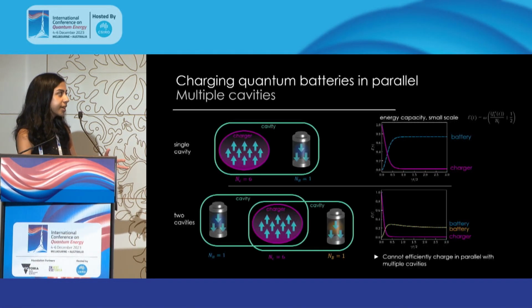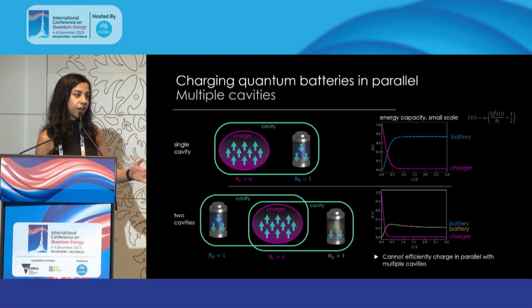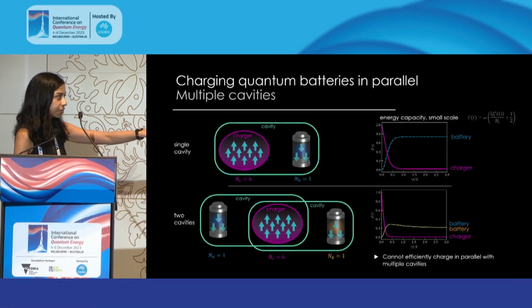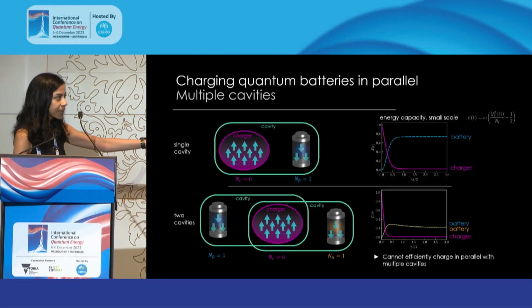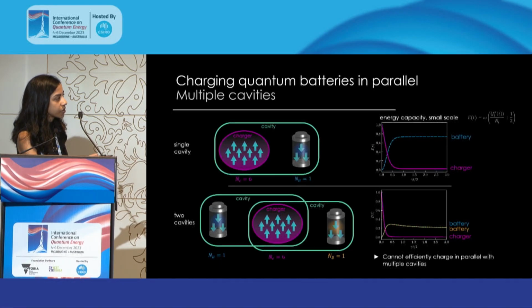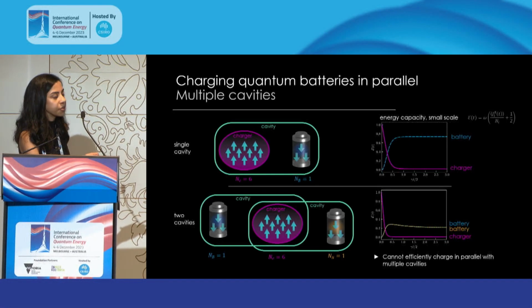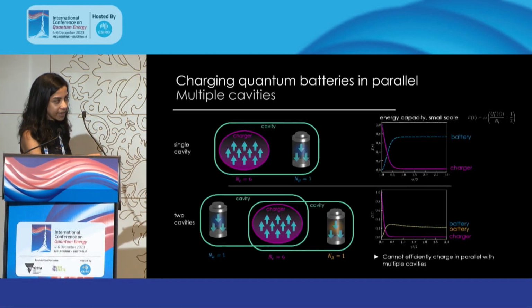And now we're going to introduce another cavity, another battery, but the spin populations of the remaining system is the same. And what you can see here is this huge disparity, this huge decrease between the energy capacity of the battery in the steady state here, and the energy capacity of the batteries in the steady state for the 2-cavity case.